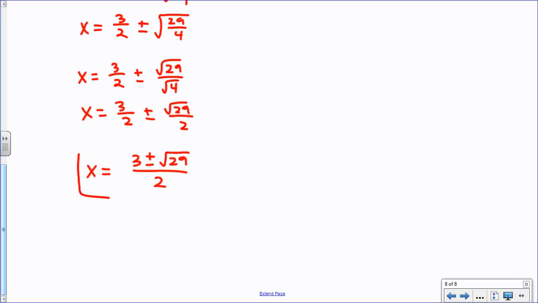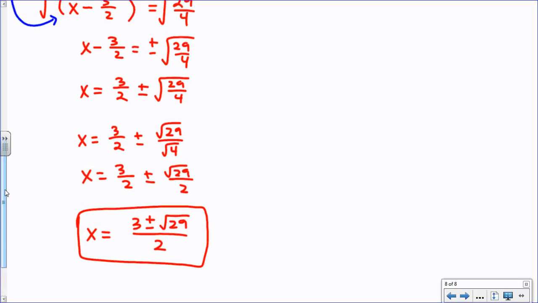So this is what it'd look like if you check your answer in the back of the book. The majority of points come if you get here, and this is just cleaning your answer up. All right, questions about that?